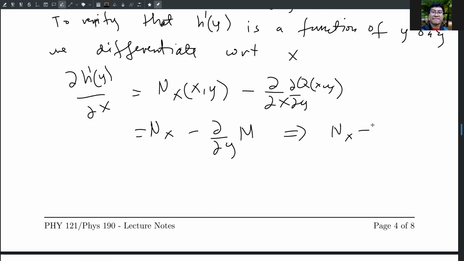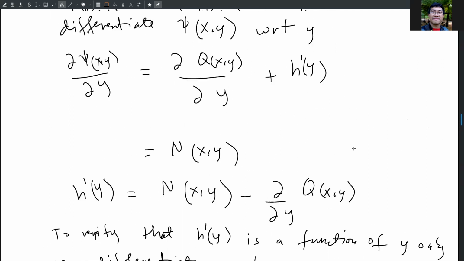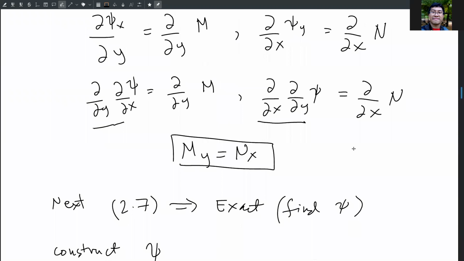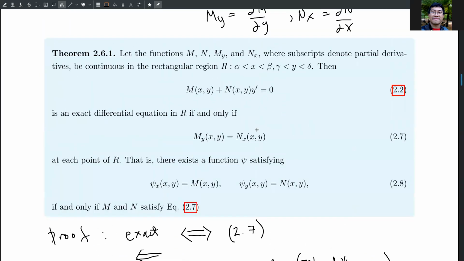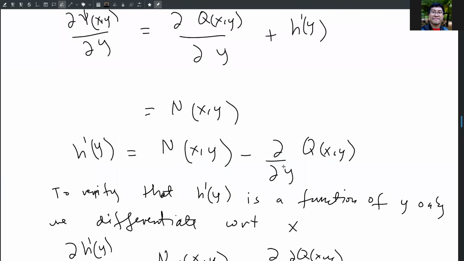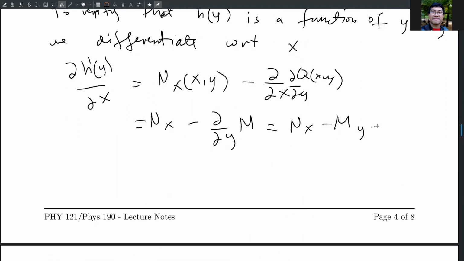This is equal to n_x minus m_y. Now this n_x minus m_y is zero by our initial condition, m_y equals n_x. So h prime(y) is dependent only on y.